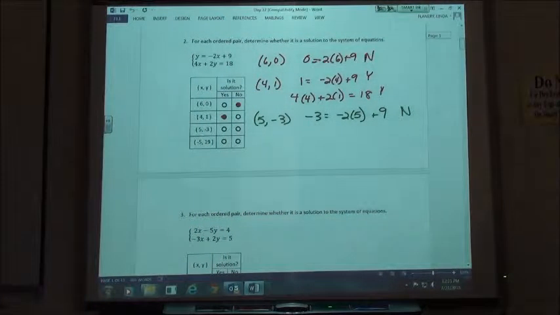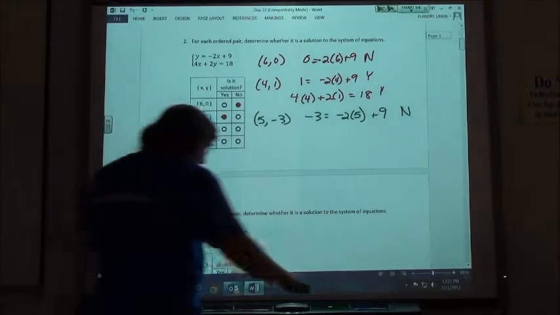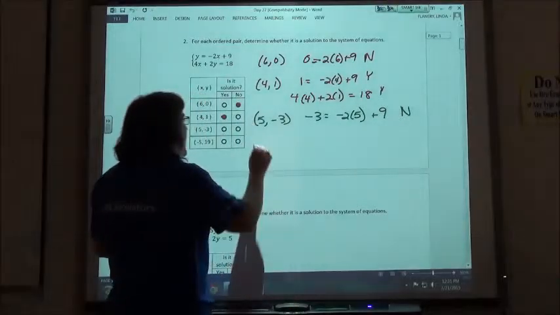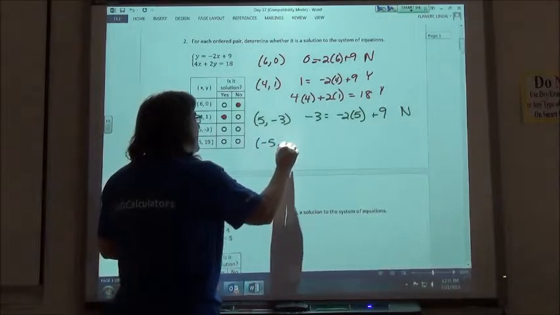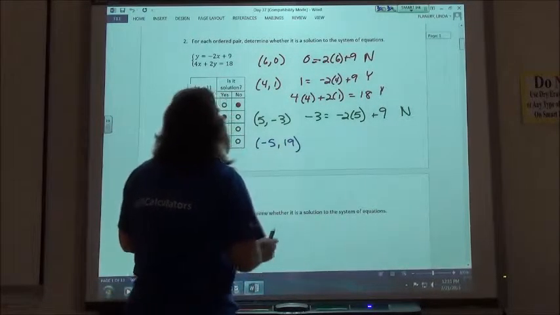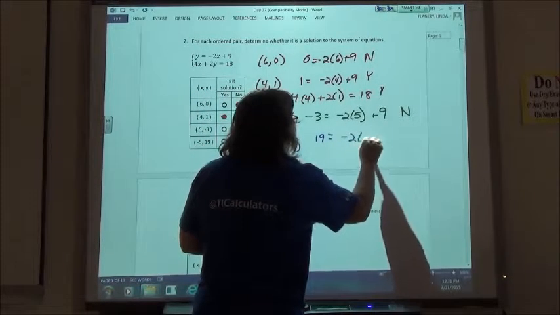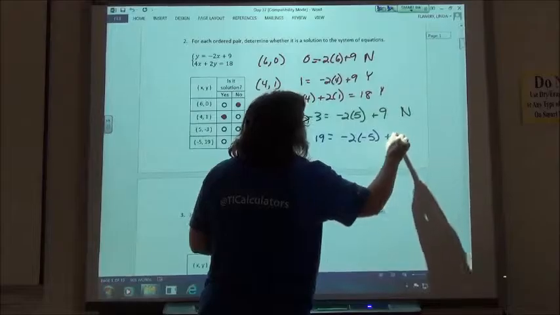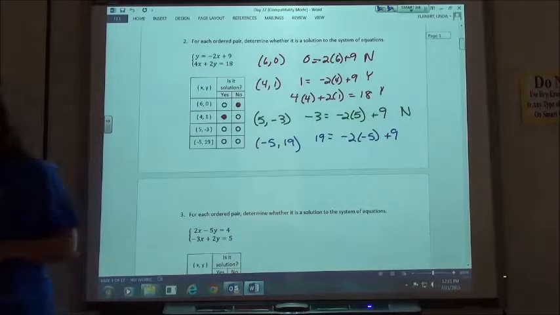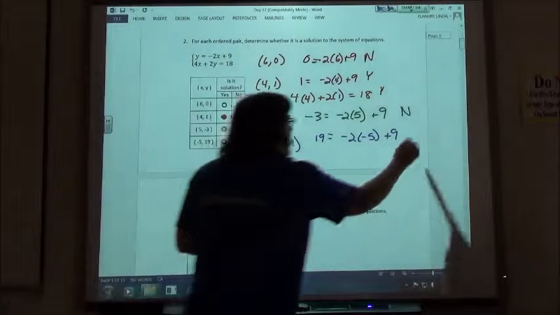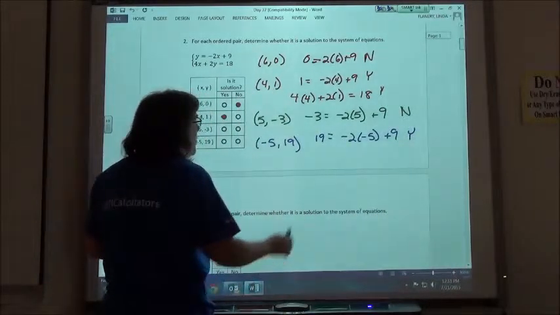Negative 10 plus 9 is only negative 1, not negative 3. And the fourth point, we have negative 5, 19. So y is 19. Does 19 equal negative 2 times negative 5 plus 9? Yep.